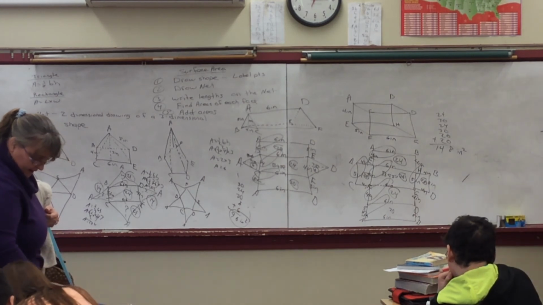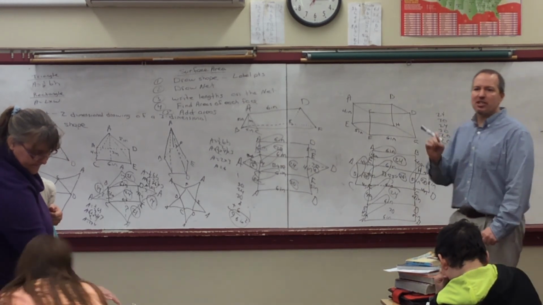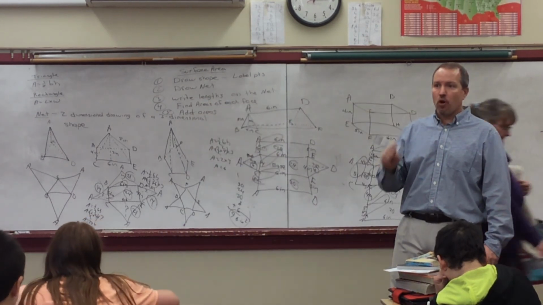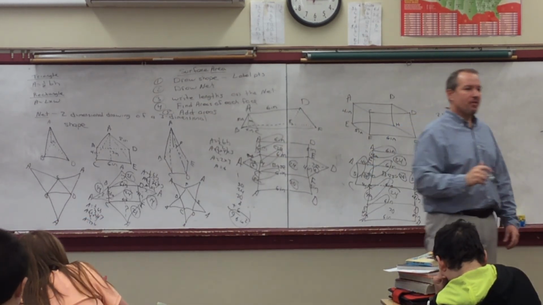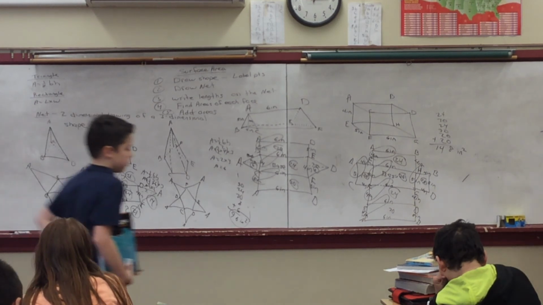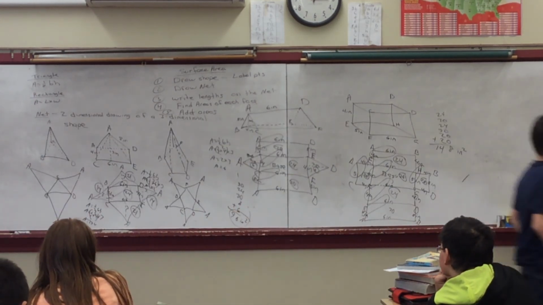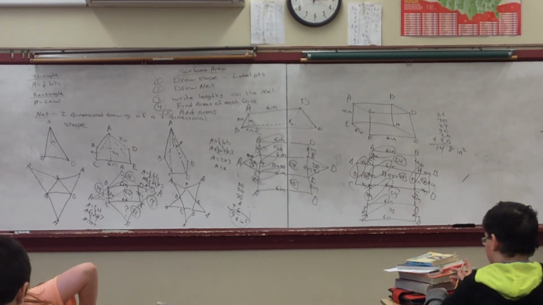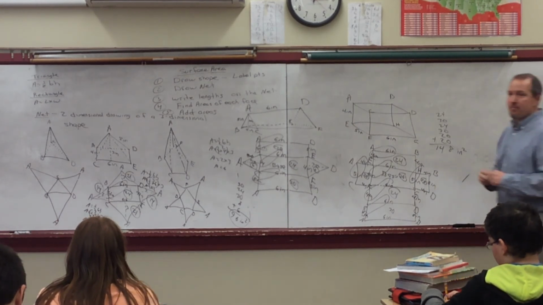For questions 4, 5, and 6, all you're going to do is draw the net. That's all you do. 4, 5, and 6, you're going to draw the net. Then for 7, 8, 9, you're going to draw the net and find the surface areas. Do not do 10, 11, 12, or anything else. Okay, we'll do those later.